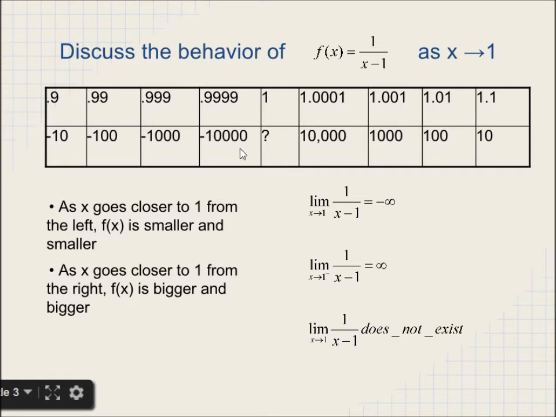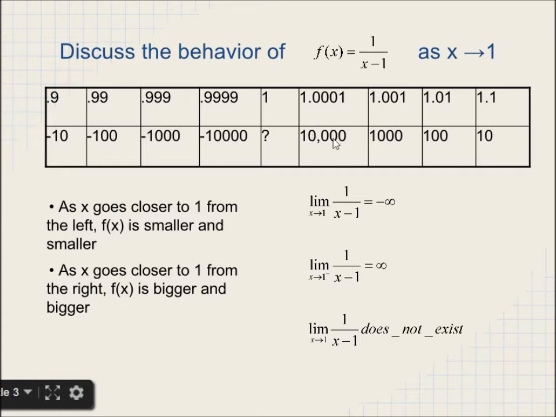As x goes closer to 1 from the right, f(x) is bigger and bigger, because this is a positive number, so as the absolute value increases, the actual value increases.